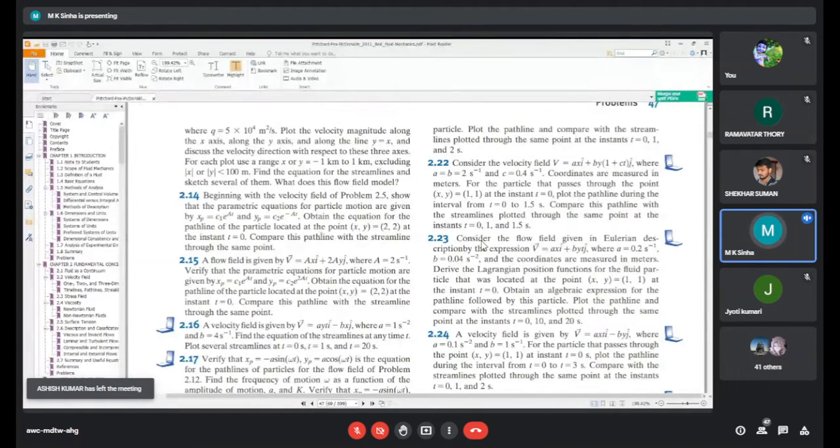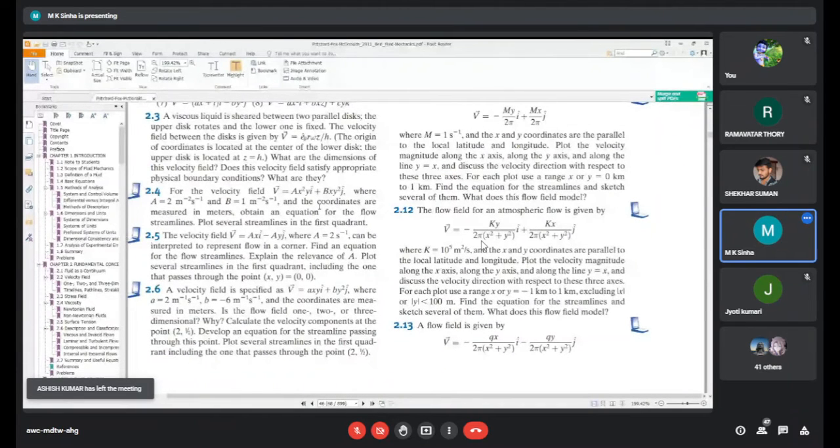Just see the equation of the velocity vector: v equal to axi minus ayj, and you should take a equal to 1 per second. Please write down v equal to axi minus ayj and a equal to 1.